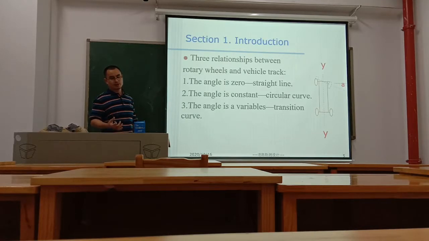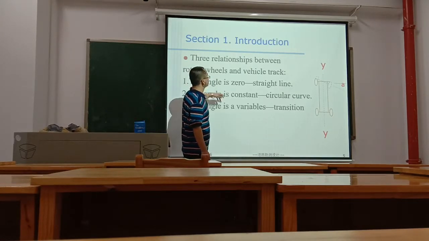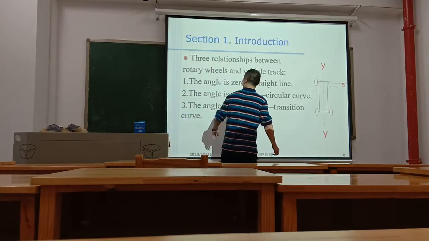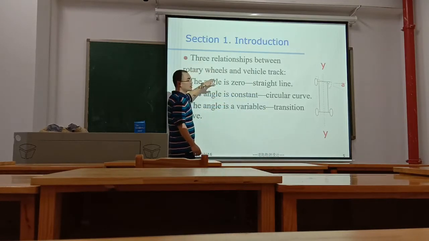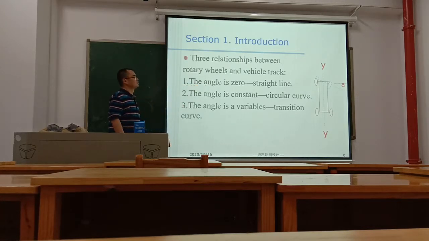There are three relationships between rotary wheels and vehicle track. The characteristics of vehicle track: when the angle is 0, it is a straight line.